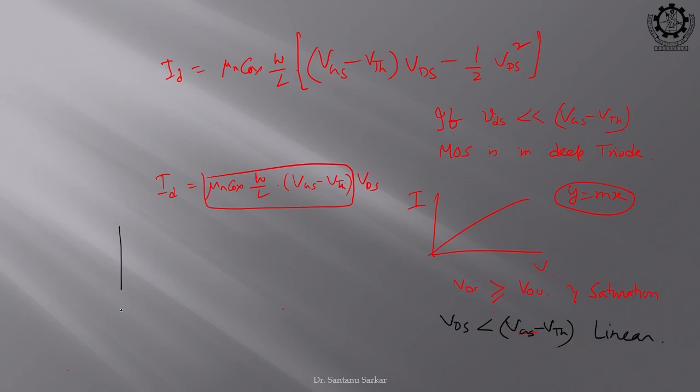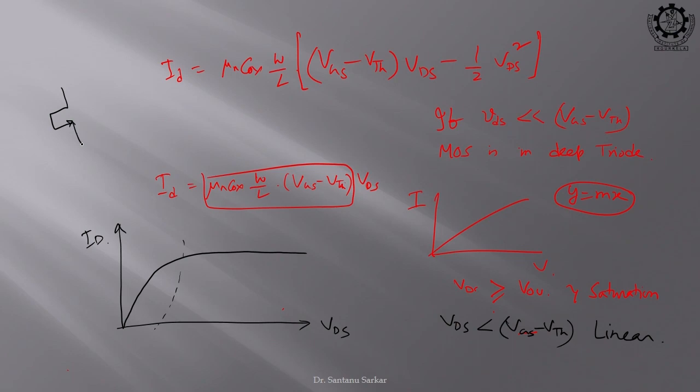So, now if you plot, this is the demarcation, right. So, this is your VDS, this is your ID. Now, this is your MOSFET.